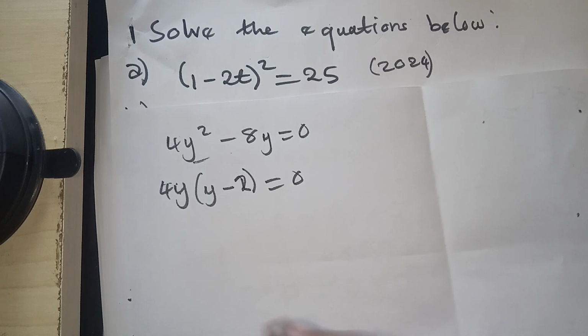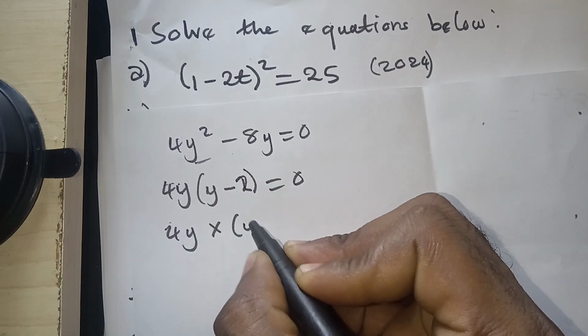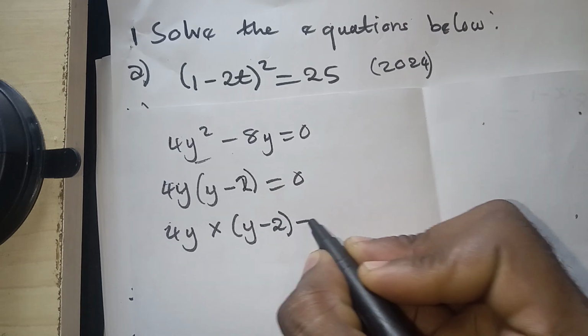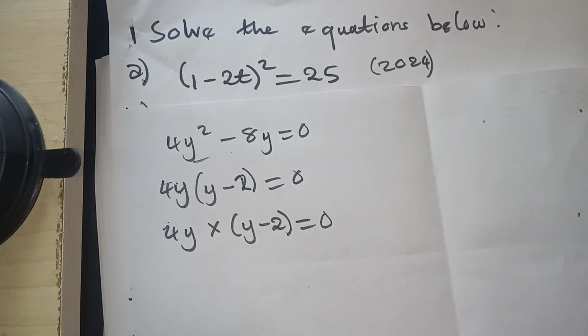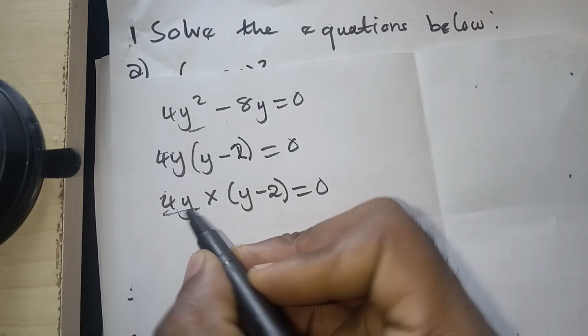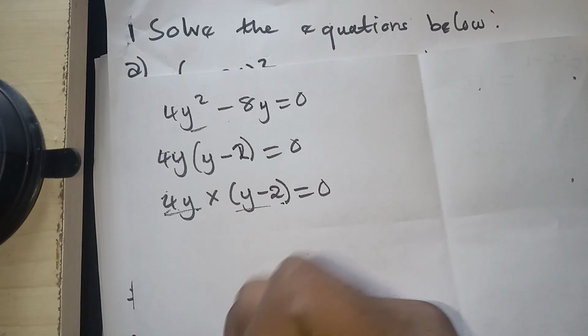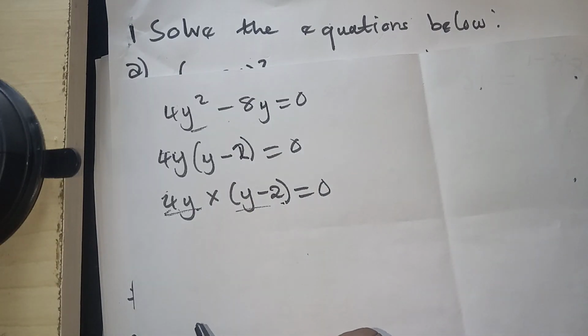Now, as you can see, we have 4y being multiplied by y minus 2, and the product is 0. So that means either this is a 0 or this is a 0, or both numbers are zeros. Otherwise, the product will not be a 0.